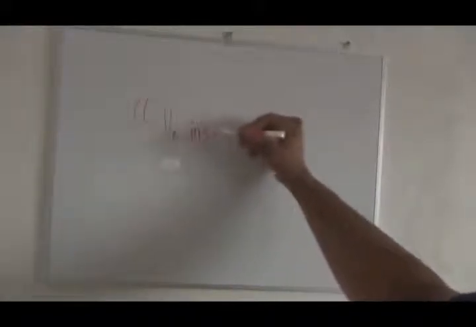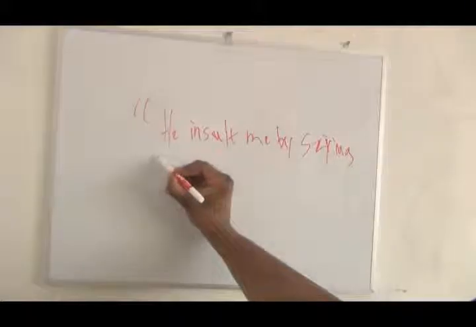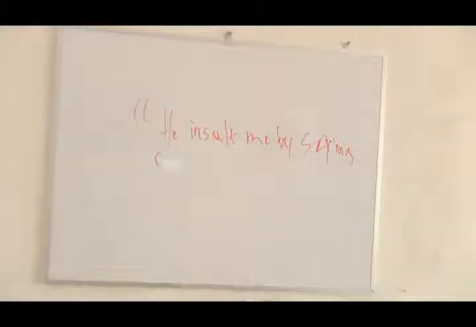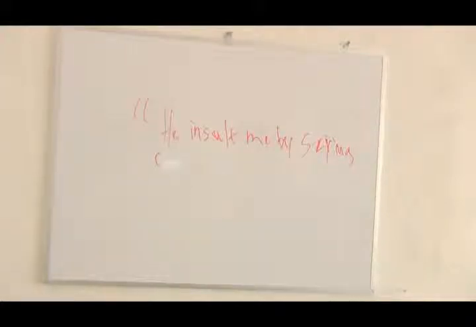He insulted me by saying... See, the open quote indicates that this is Ralph talking, alright? But he insulted me by saying, now, one comma. I mean, not comma, excuse me, the parentheses.